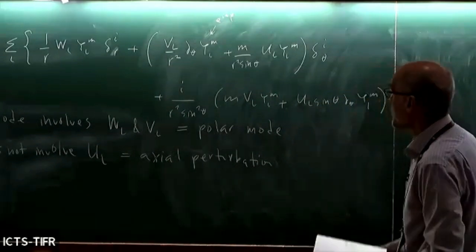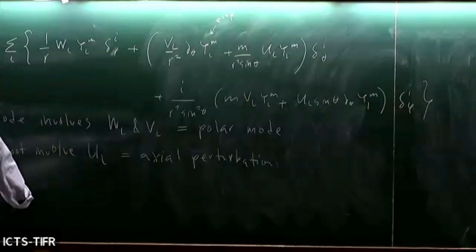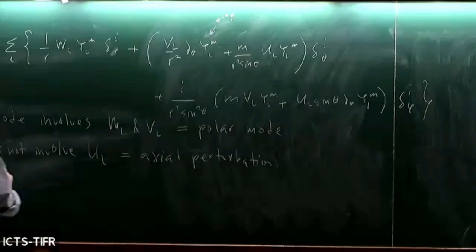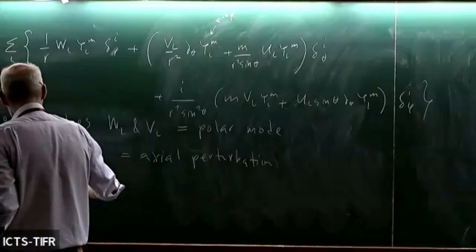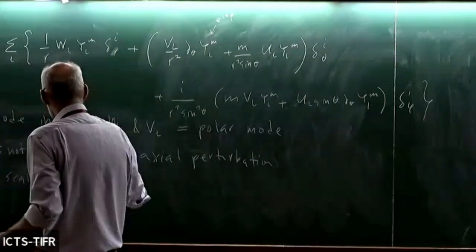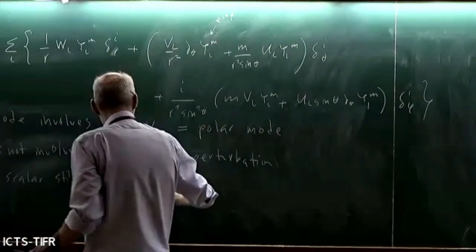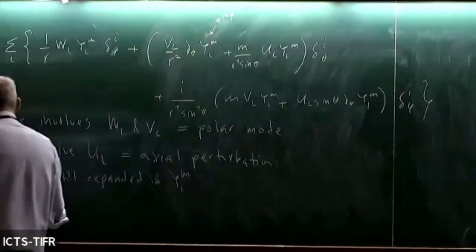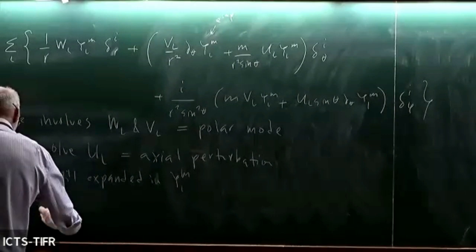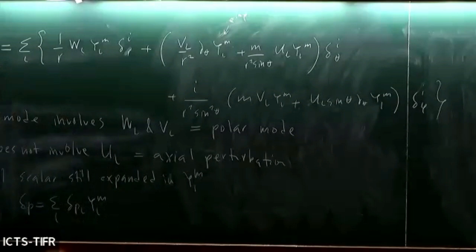Okay, so now we're kind of done, right? Well, kind of done, apart from there's a lot of work to do. The other thing we did, we expanded all the scalars in spherical harmonics, and we're going to do that still. So, for example, we have delta P is sum over all the L's, delta P_L, Y_LM, stuff like that.